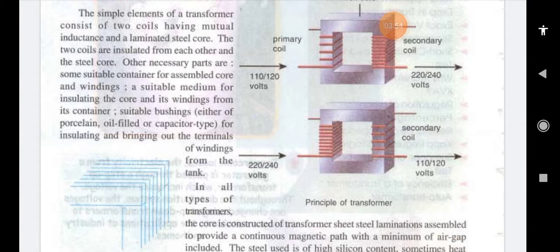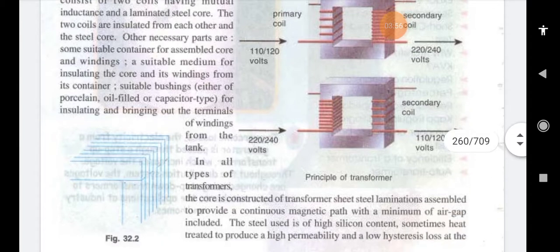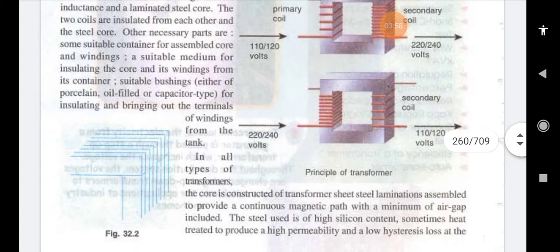The necessary parts are some suitable container for the assembled core and winding, and a suitable medium for insulating the core and its winding from its container. There should also be suitable bushings, either of porcelain, oil filled or capacitor type, for insulating and bringing out the terminals of the winding from the tank.